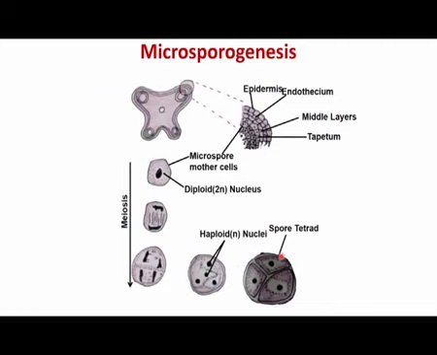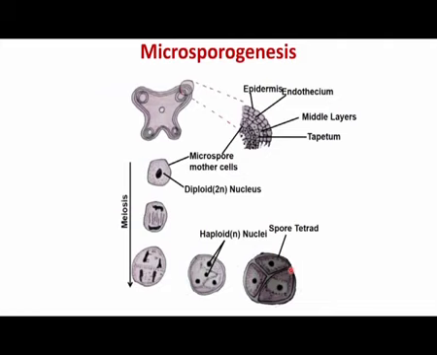So, cytokinesis of the divided microspore mother cell results in 4 separate cells which are arranged in a tetrad, as you can see here.